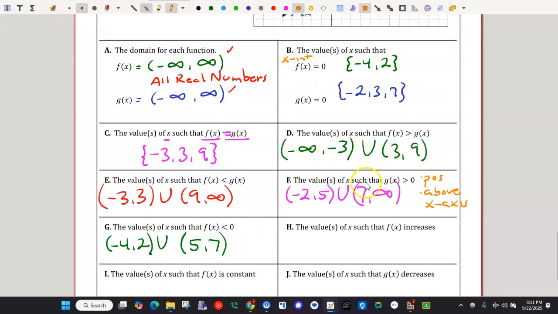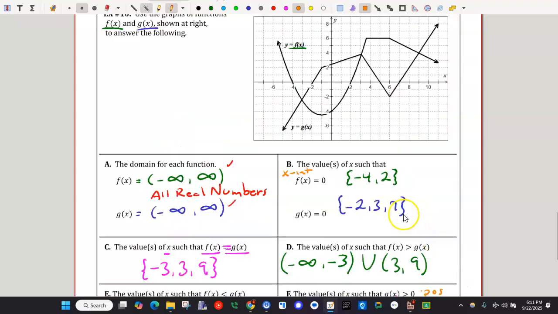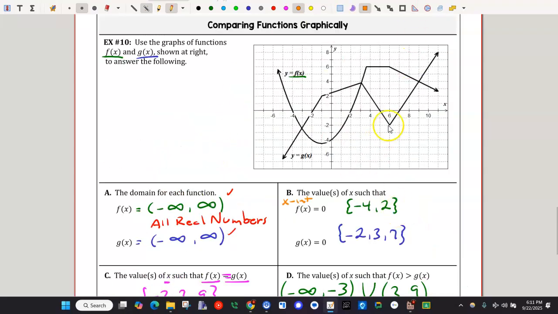Go orange. So we can find where is f of x increasing. Okay, so we're going to find f of x. This is decreasing from left to right. We get to right about here. It starts increasing. F of x is increasing. And we have to make a judgment call. It looks like it's somewhere in between right here, 3 and 4. Right, so I'm going to call that 3.5. And I'm going to use -1 over here.